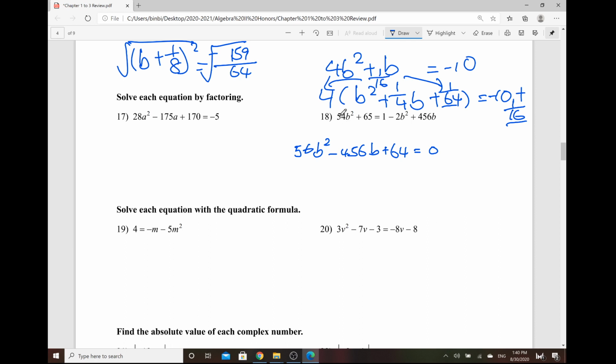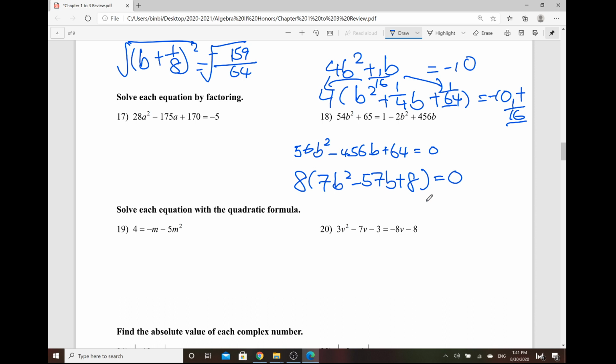And it looks like they're all divisible by 8. So 8 times the quantity of 7b squared minus 57b, and then plus 8. So that equals 0.